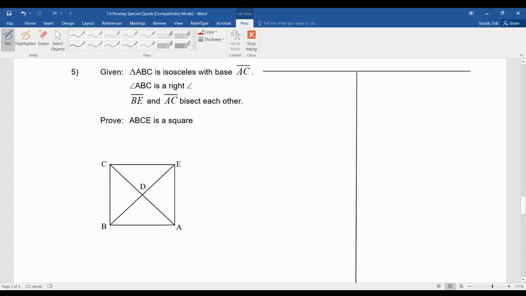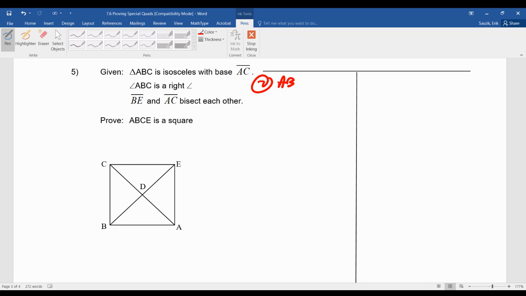I'm going to do this one quickly. You do know that, let's see. Let's look at the AB's. This is isosceles with base AE. ABC is a right angle.